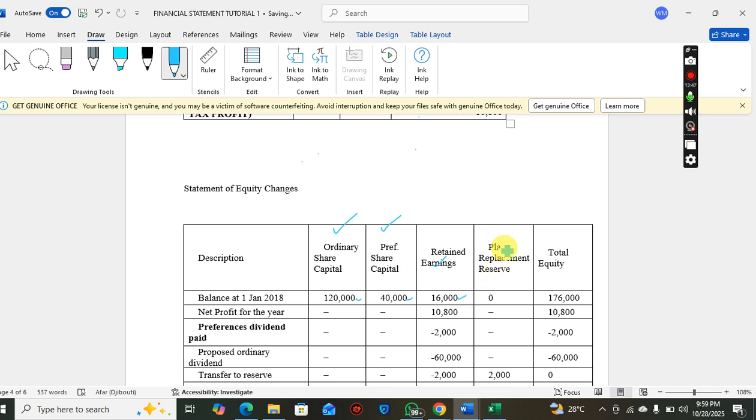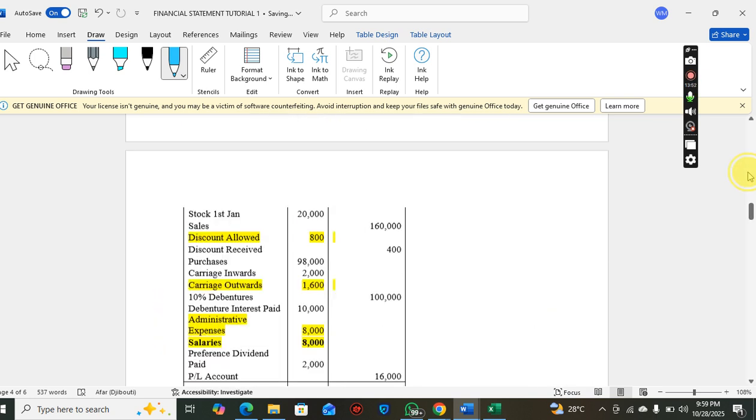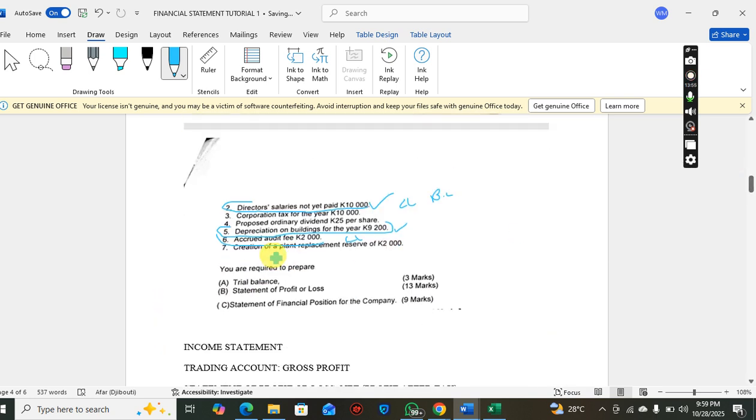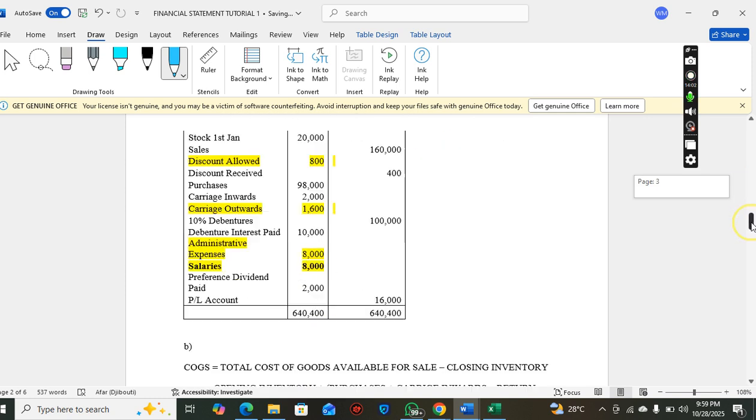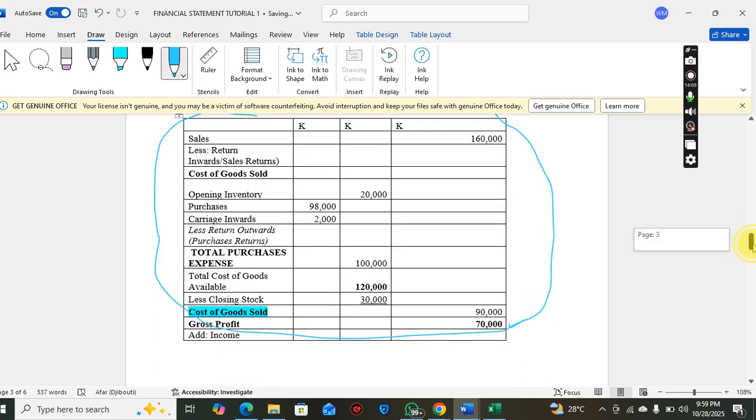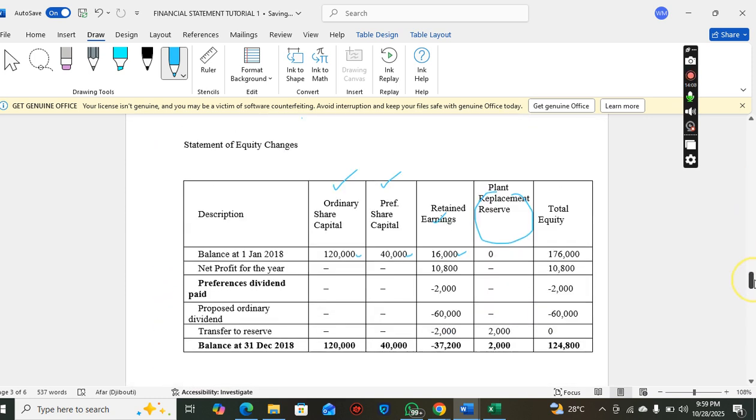Plant replacement reserve, we've brought in this new section here because the question told us: creation of plant replacement reserve of 2,000. So basically that 2,000, in case any of our plant needs to be replaced or needs repairs, we'll find the money in this reserve.